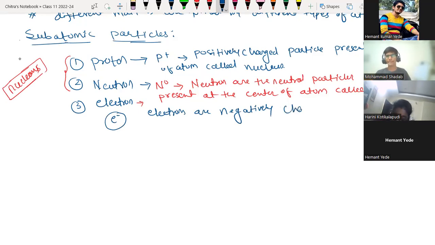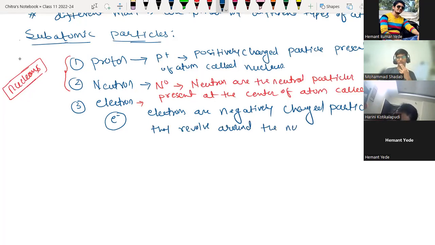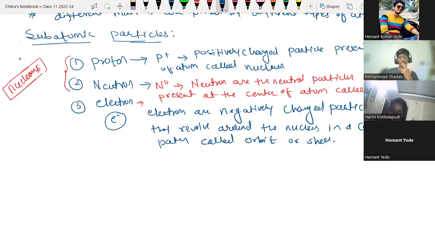They revolve around the nucleus in a continuous path called an orbit or shell. Understood everyone?